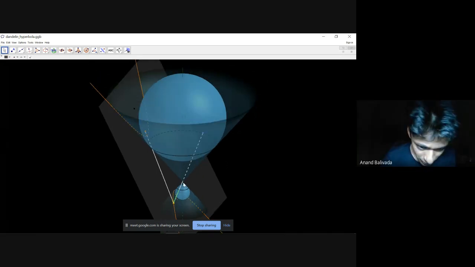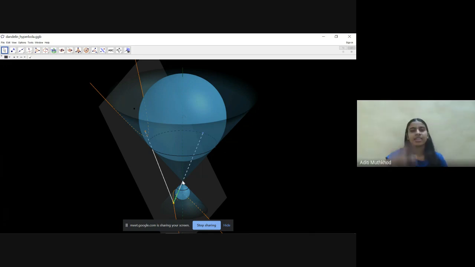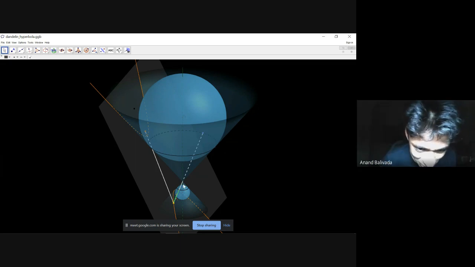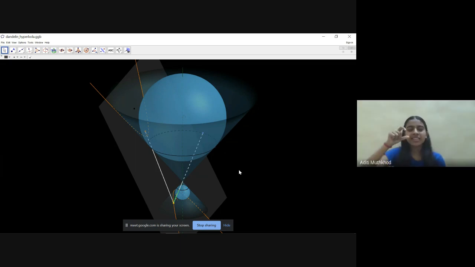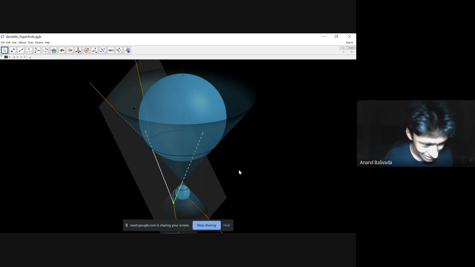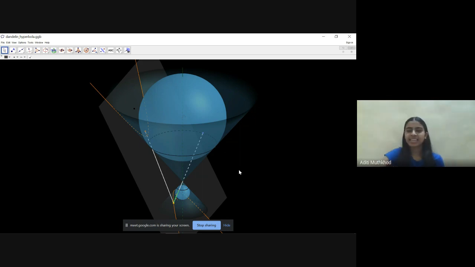There is a nice way to state this. Let's call the tip T. MN passes through the tip of the cone, so MN is just TM plus TN, and TM is just the length of the tangent from T to this small circle.